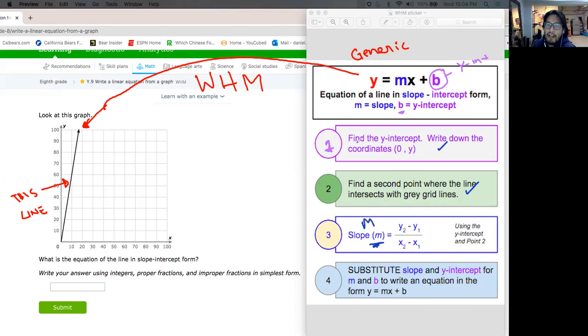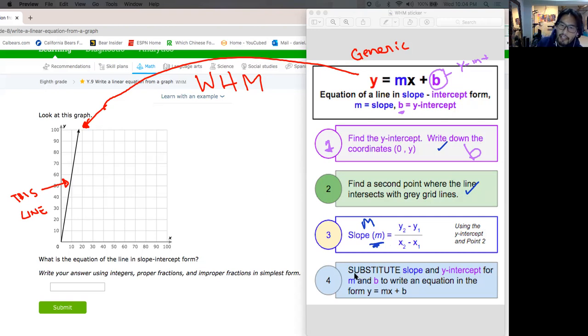Okay, so we're going to find b, the y-intercept, little b, in step 1. And then we're going to find the slope, little m, in step 3. And once you have the slope and the y-intercept of a line, then you can create an equation for that specific line.